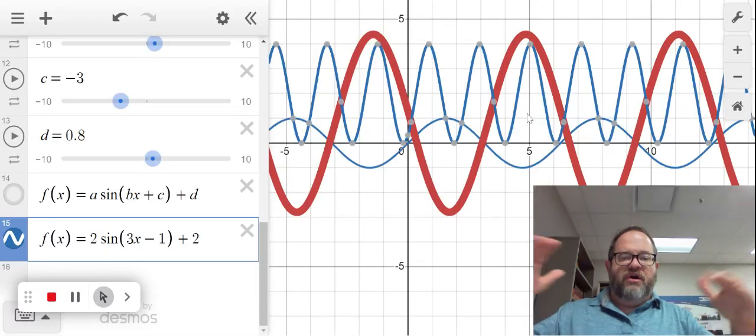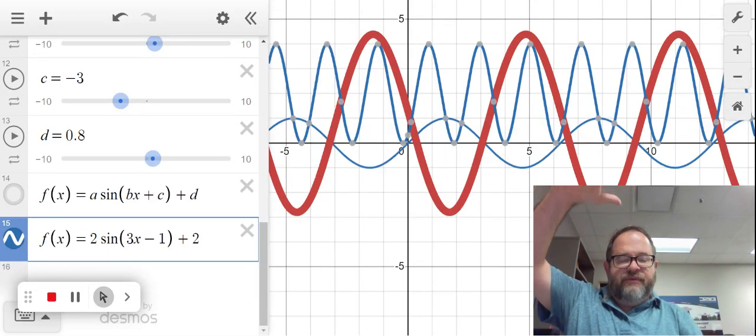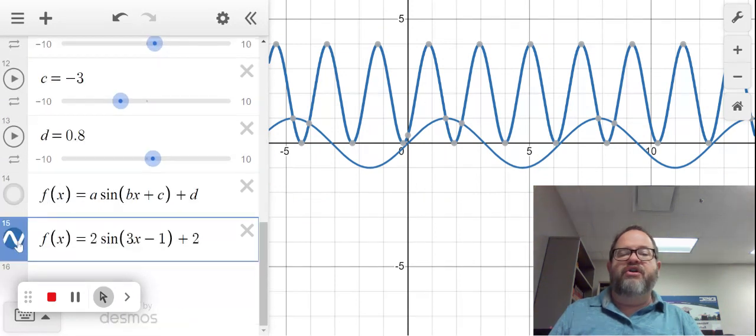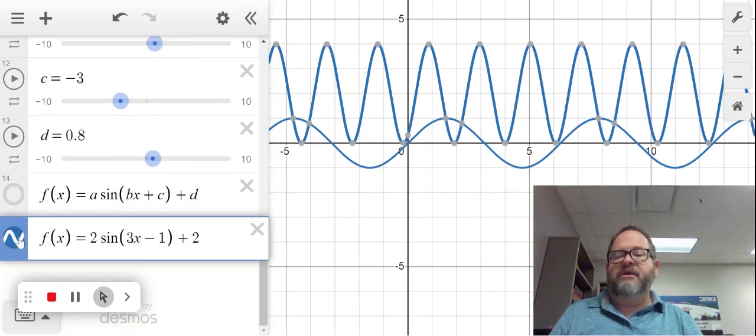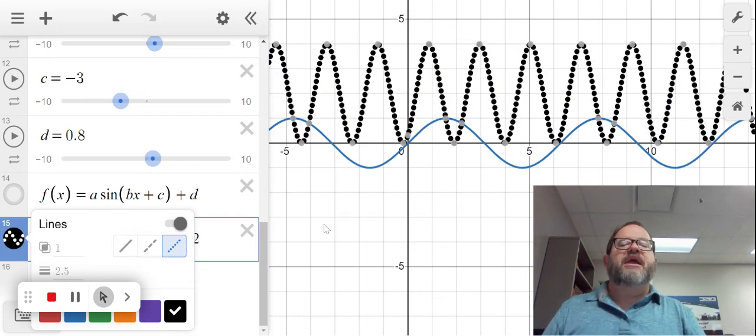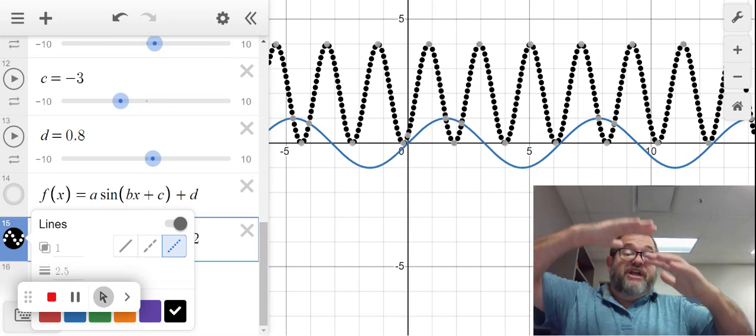It is vertically stretched. Let me turn this red one off. Let's see if I can make this a better color. How about black? The black function, with dotted lines, is stretched vertically.